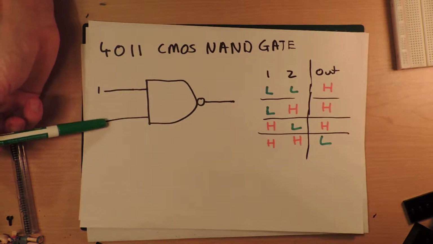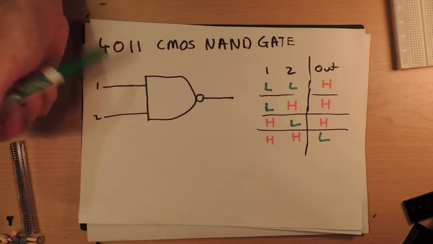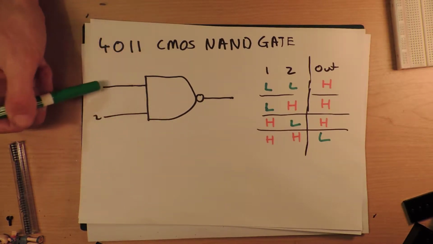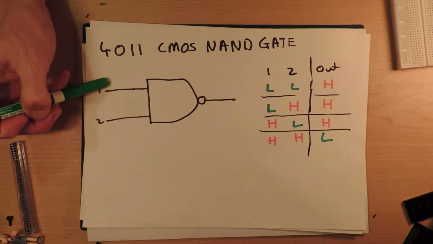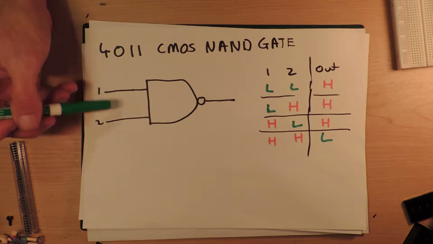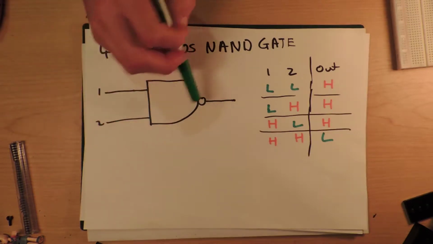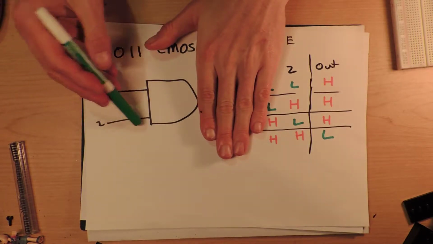Two inputs, and it has one output, and you can imagine it as working out the AND operation of these two things. If this is high and this is high, or if you imagine this is true and this is true, then the output of an AND gate is going to be true.